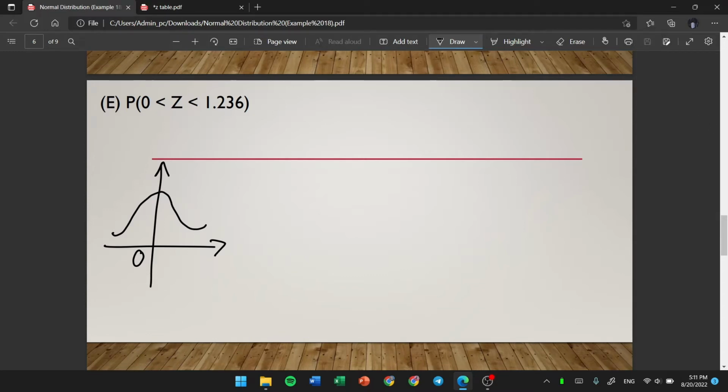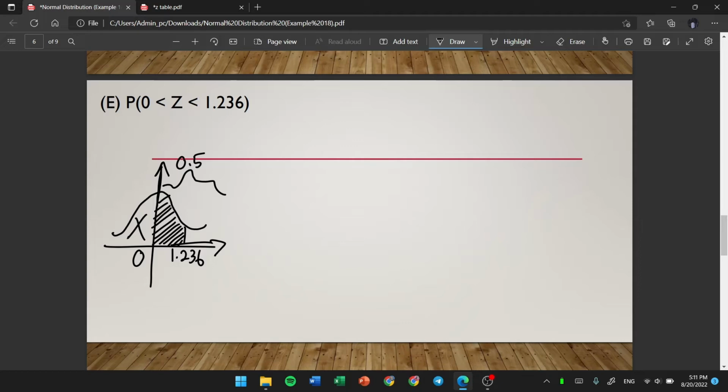Then another one we label is 1.236, correct. So Z is between 0 and 1.236, so we shade this area here. Okay. So now, what are you going to do? You imagine, we didn't go to this left side, right? So we only take this right side here, where the whole part here is 0.5, correct.